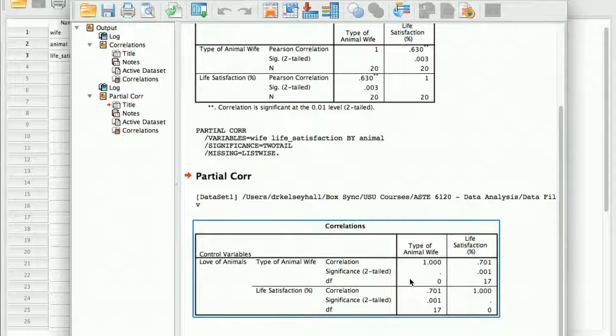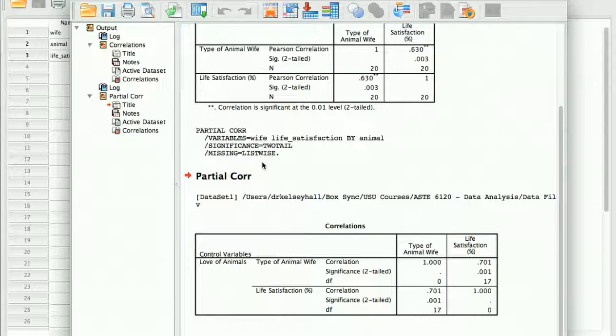So we are going to look at the table right here on the screen, and we notice that the partial correlation between wife and life satisfaction is 0.701, and we need to be able to compare that to the correlation when we're looking at just wife and satisfaction.